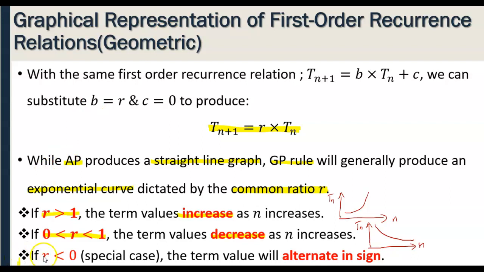Now, what if the common ratio is actually less than 0? That means you have a special case here. The term value will actually alternate in sign. That means they will change from positive to negative and negative to positive accordingly. So your graph will look something like this for the third scenario. This is your N, this is your Tn, and you will have something like this.